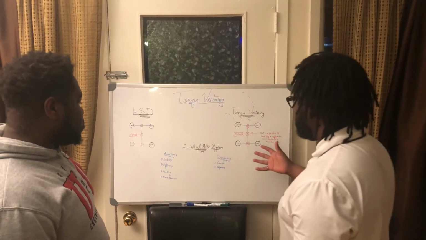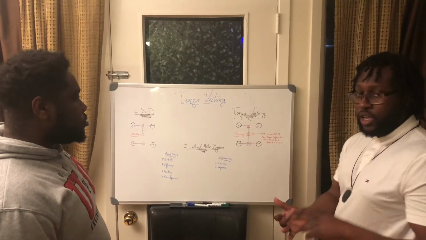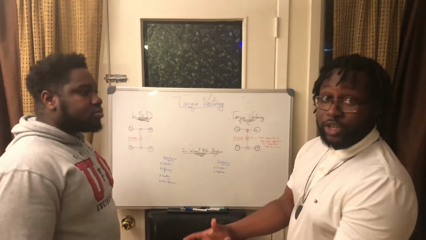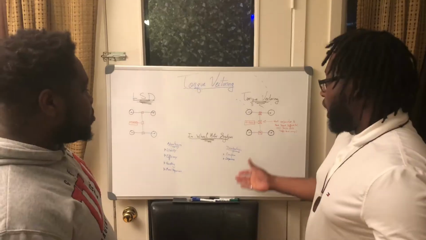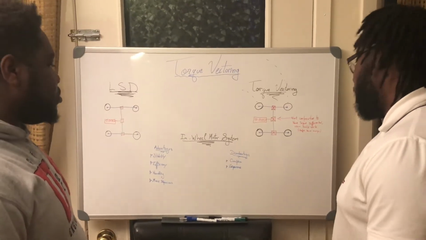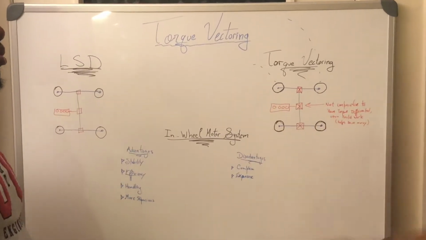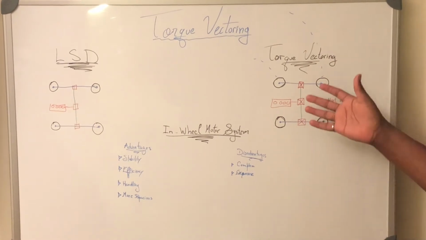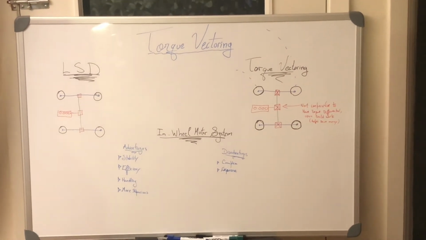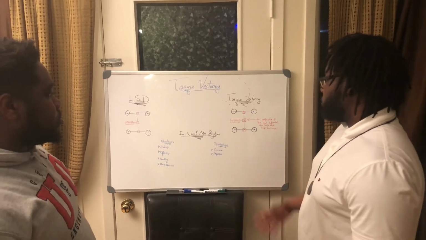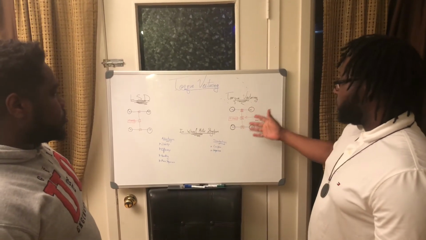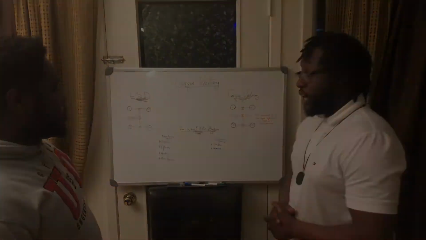On top of that, the fact that the engine and the motor are not under the hood makes it more spacious for the car, right? However, there are disadvantages. It's extremely expensive, and definitely complex as well because we're talking about control systems here, which means that a controller is needed to control each tire.